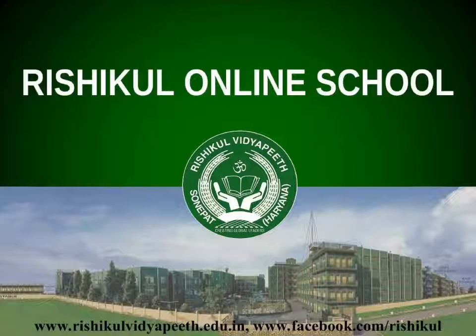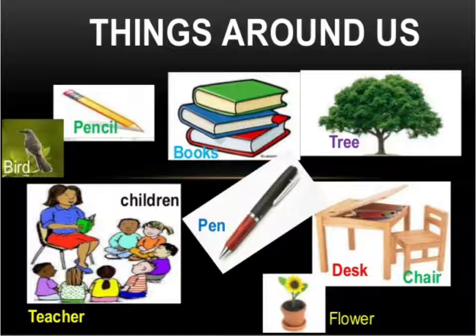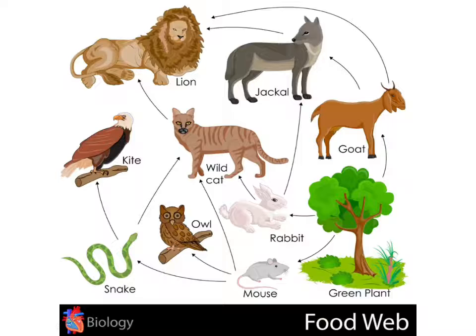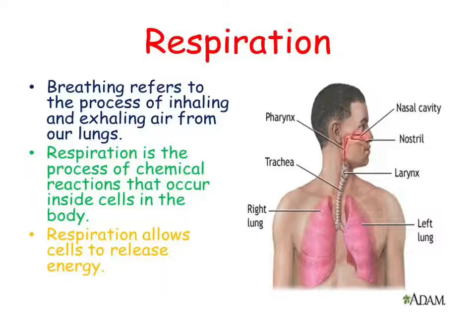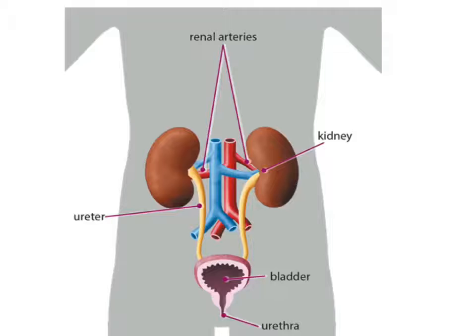Hello dear students. In our previous module, we studied how we can separate things around us into living and non-living. We studied certain common characteristics of living things like nutrition, respiration, growth and excretion.